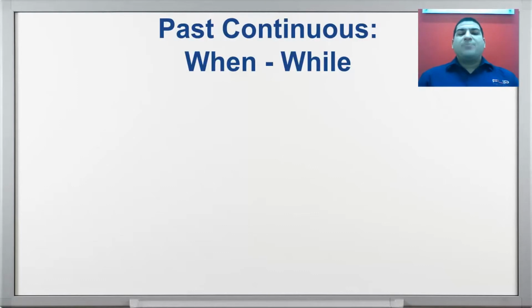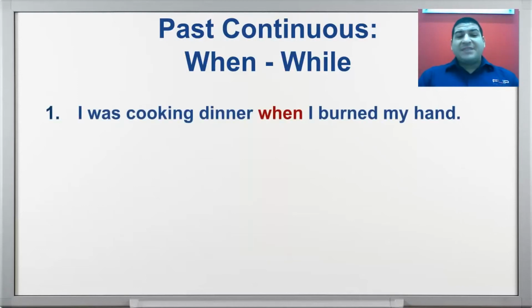Sometimes, when we use past continuous, we're going to use some words to connect the ideas in a way, right? So we're going to use when and while. Let me show you the difference of when and while, okay? Well, first, I have the sentence here. I was cooking dinner when I burnt my hand, right?